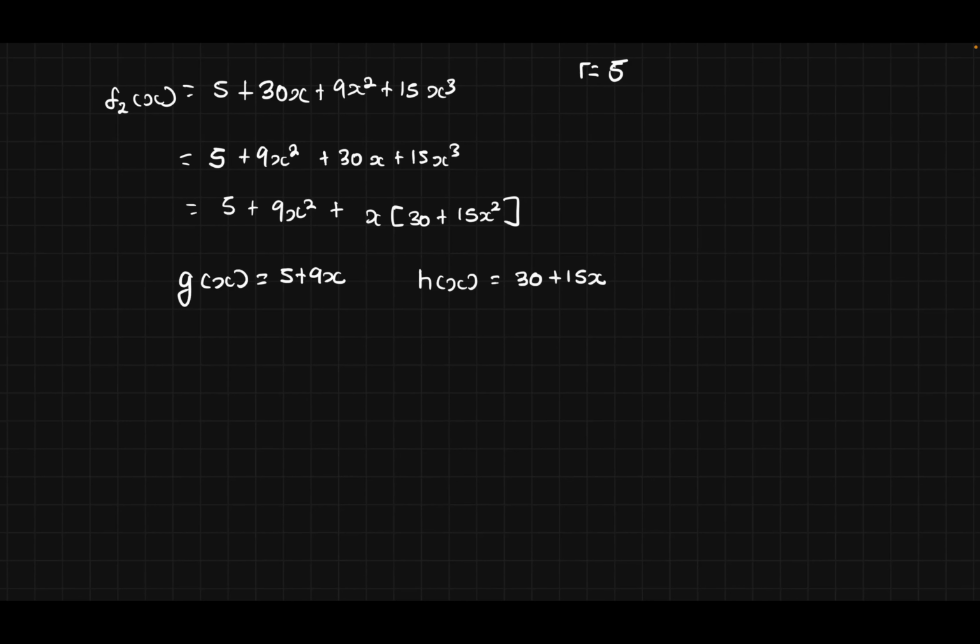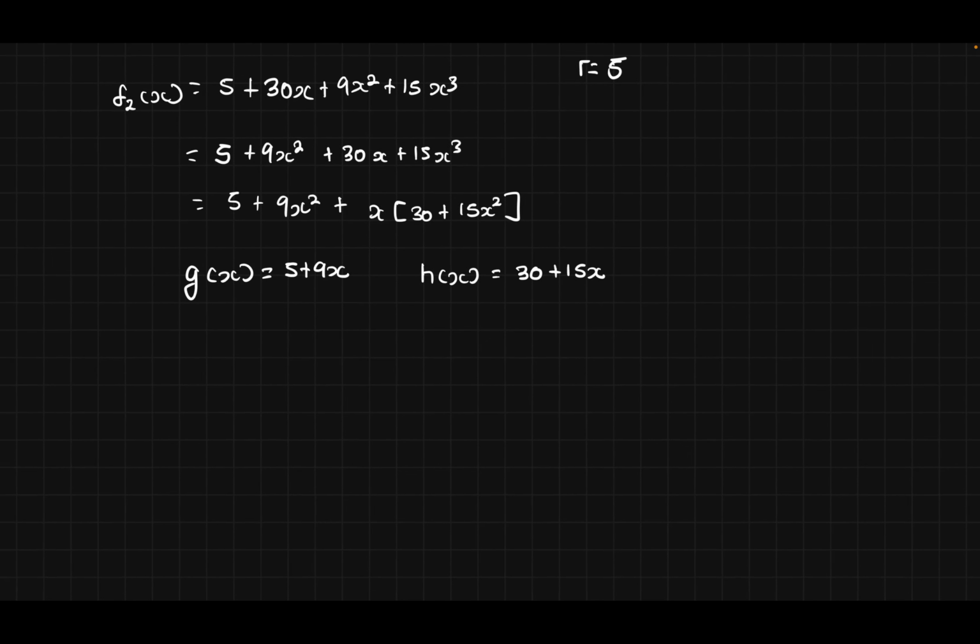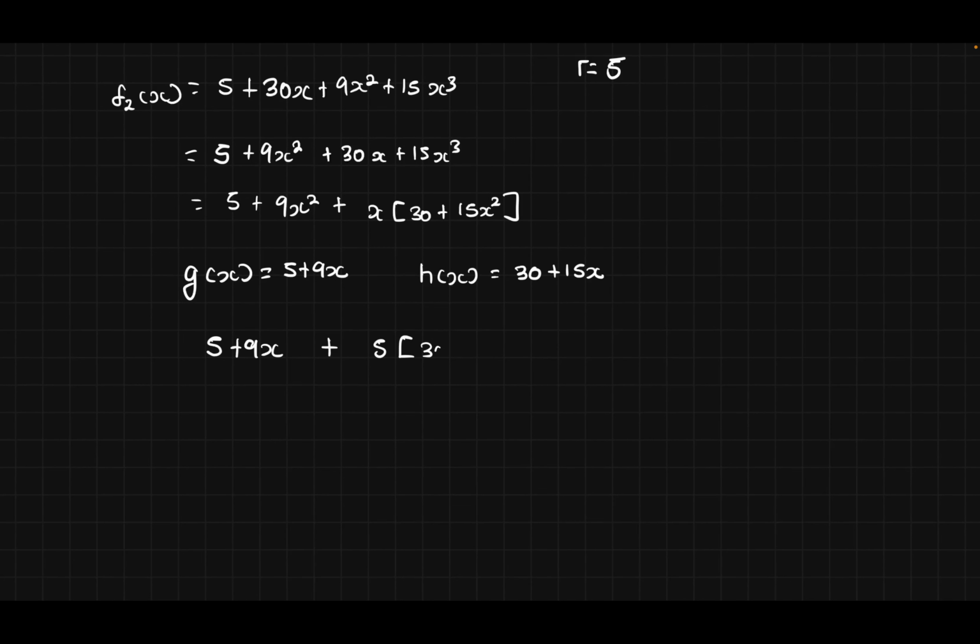So what do we do now? We multiply H by R, which is 5. So that's 5 plus 9x, then plus 5 into 30 plus 15x. 5 plus 9x plus 150?